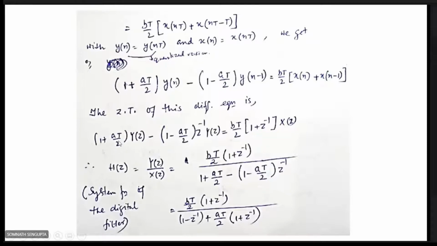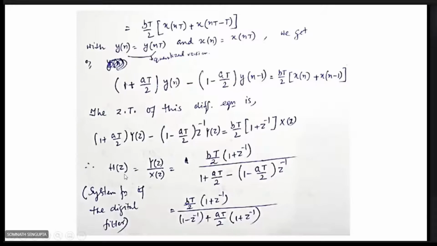So we get (1 plus aT by 2) Y(z), and for yn minus 1, z inverse into Y(z), and for xn, X(z), and for xn minus 1, z inverse X(z).